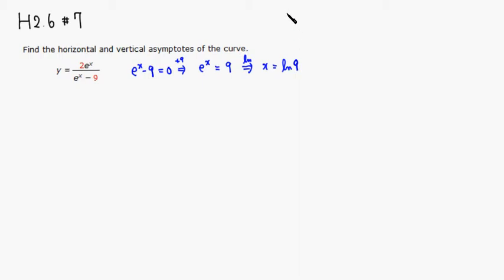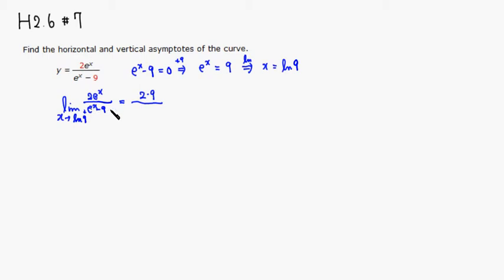So we can double check that x equals natural log 9 is a vertical asymptote by taking the limit. So you take the limit of this function as x approaches natural log of 9, say from the positive side, right? So on top you have 2 e to the natural log of 9, so e and natural log cancel out, so that's going to be just 9.